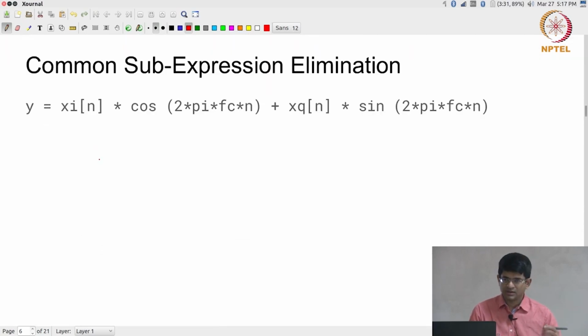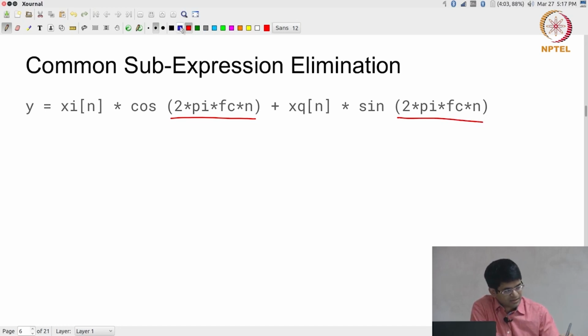Growing from there, the next thing that we can come up with is this idea of common sub-expression elimination. A good example of that would be something like what we see over here. Again, something which could easily come up in a communication system. What's the common sub-expression? This part over here, 2 pi fcn. Strictly speaking, this first portion is actually constant folding.